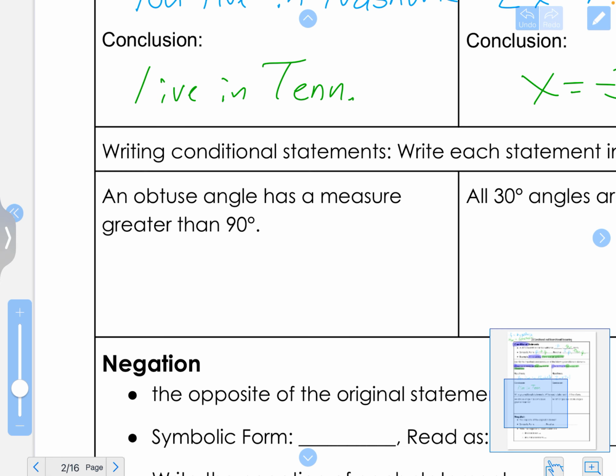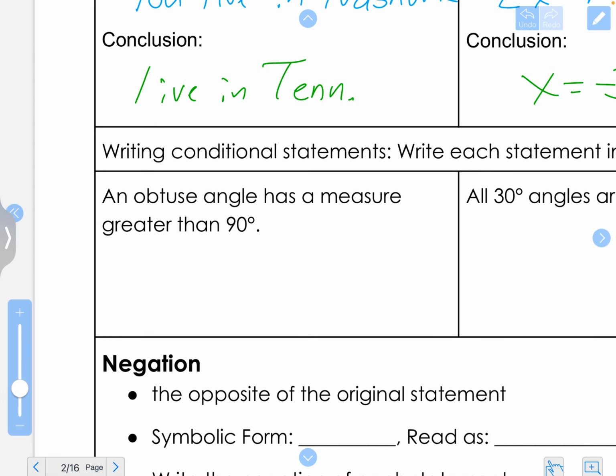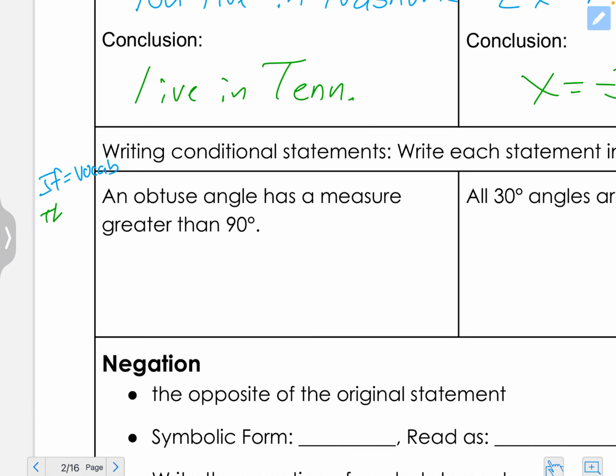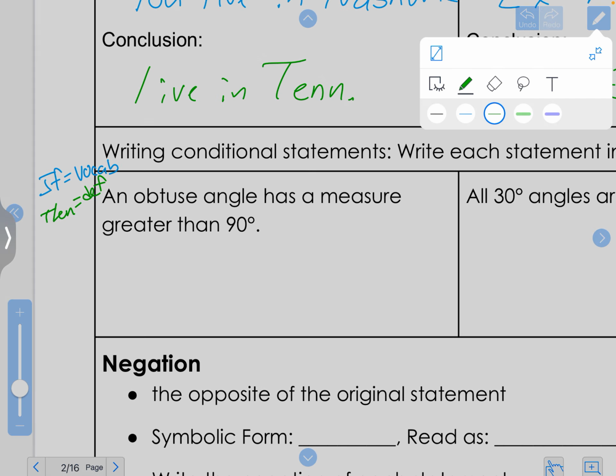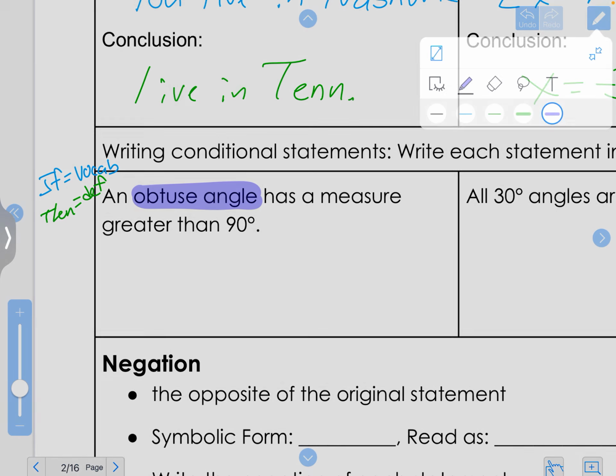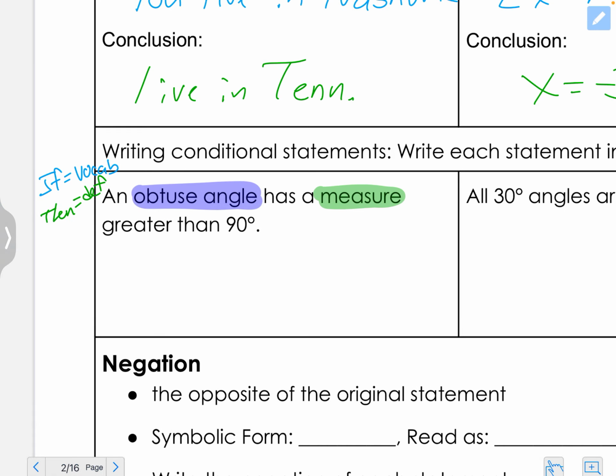When we have to write our own conditional statements, our if statement is going to be our vocab word, and our then statement is going to be the definition. In this problem, an obtuse angle is our vocab word, and our conclusion, or then statement, is going to be the definition of it.